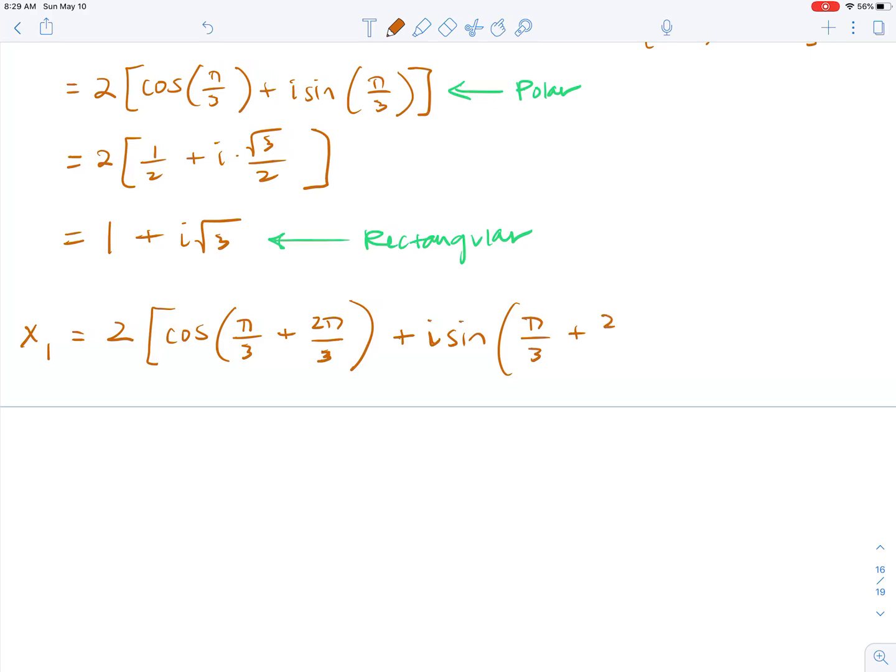And if we were in degrees, we would end up adding 360 degrees divided by 3. You could think about k being equal to 1 in this case.